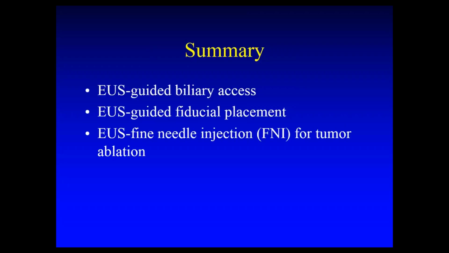We talked about fine needle injection, FNI, for tumor ablation as opposed to FNA that we have been doing over the years. And we talked about using a core needle to optimize your biopsy specimen, going from EUS-FNA aspiration to EUS-FNB biopsy. I want to thank you for your attention, and now I will go to our moderator.